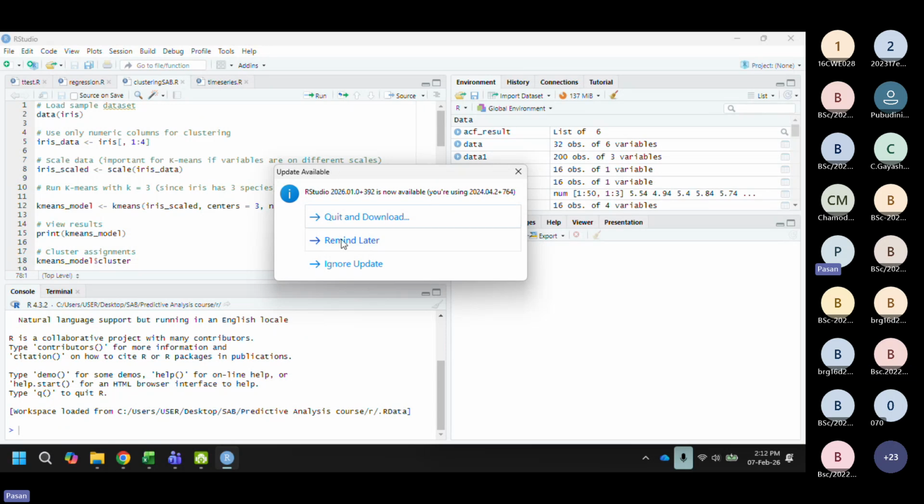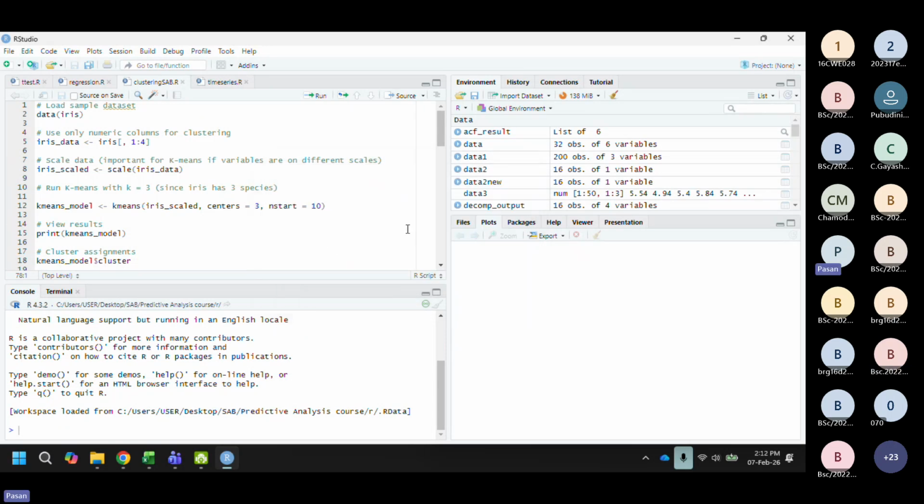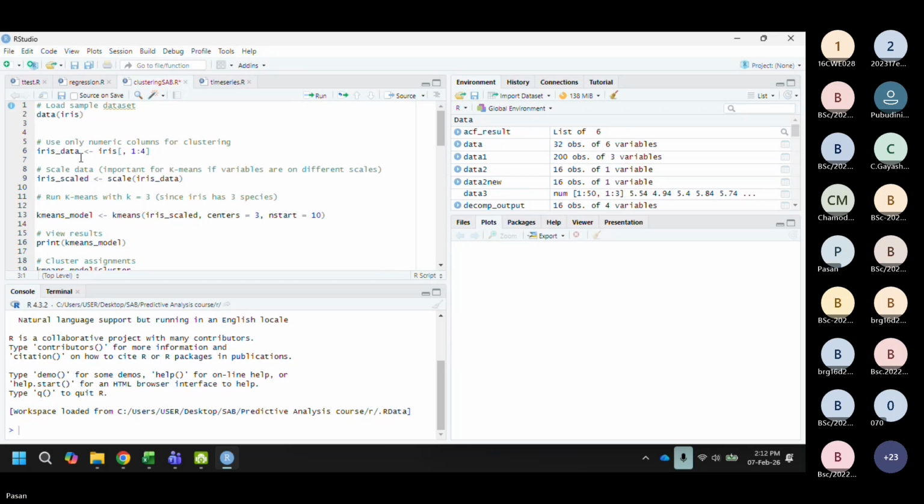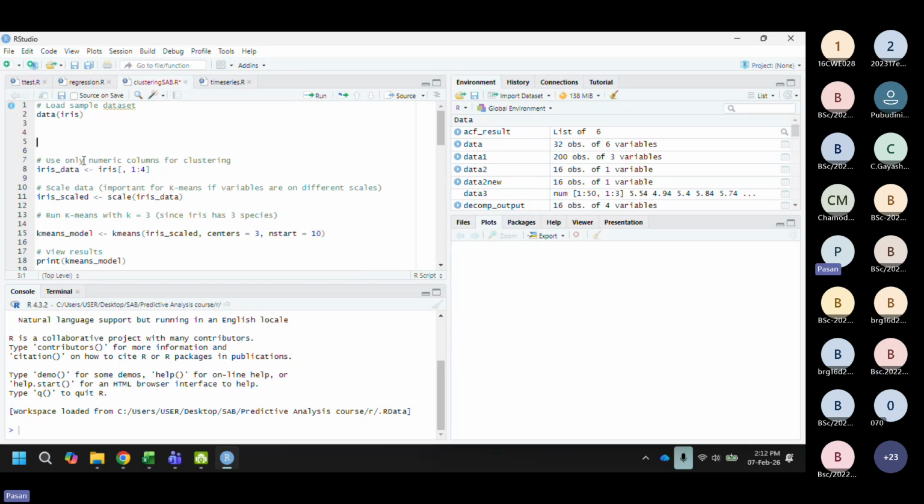I think I mentioned that last time, right? So now this is going to be the R coding. So let me put this one down here a little bit. Please give me a second. I will start this one.